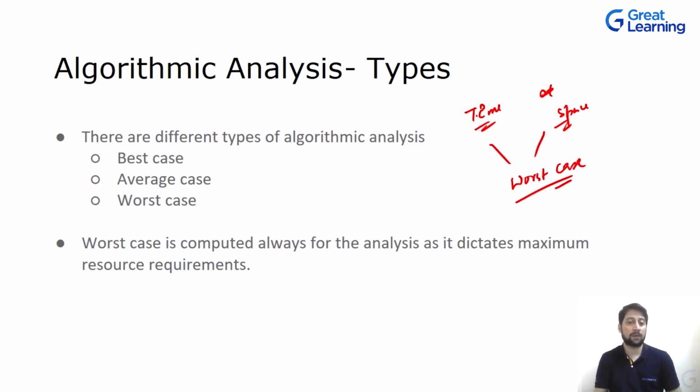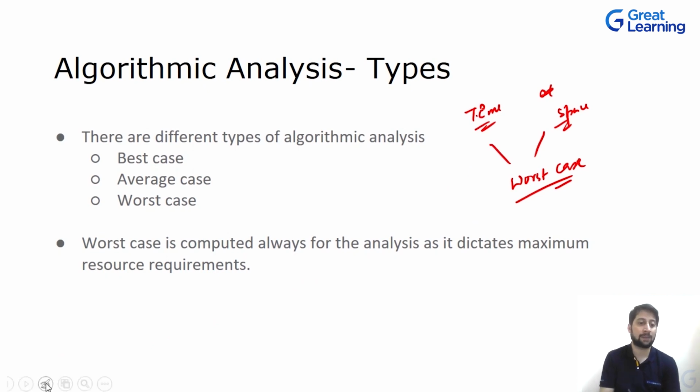It is computed because the analysis dictates the maximum resource requirements. So the worst case helps us find the maximum resources this is going to take, we keep track of those things and we allocate resources in such a manner. So we always talk about the worst case.